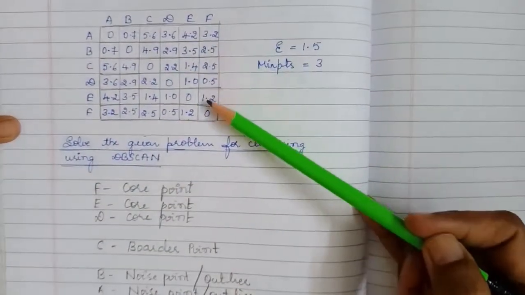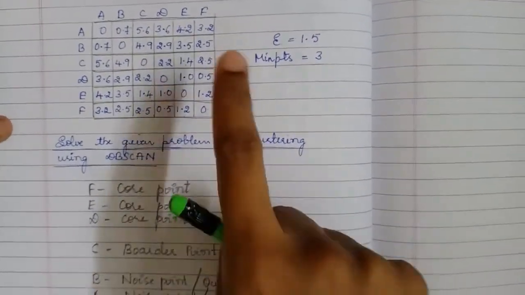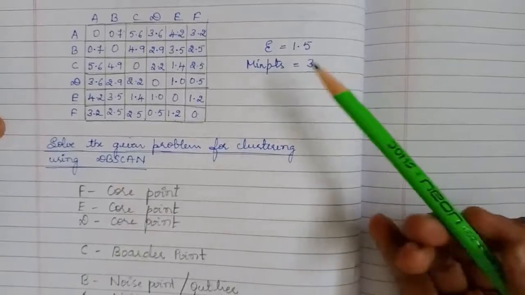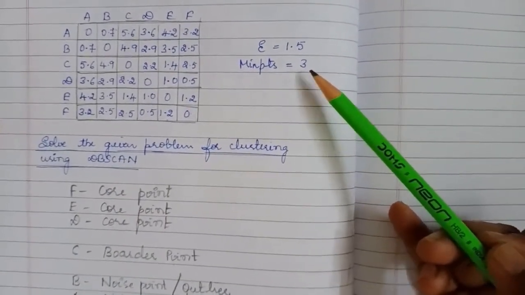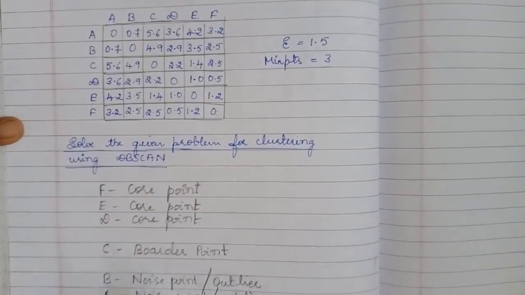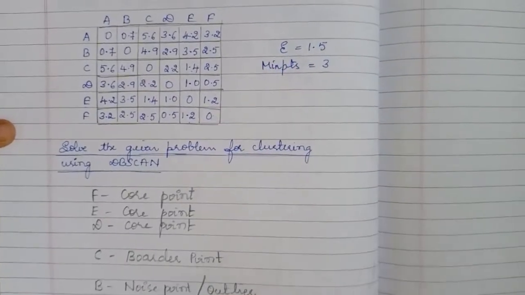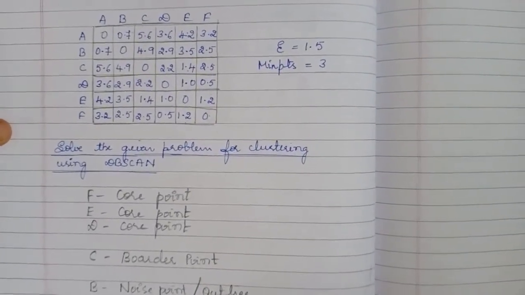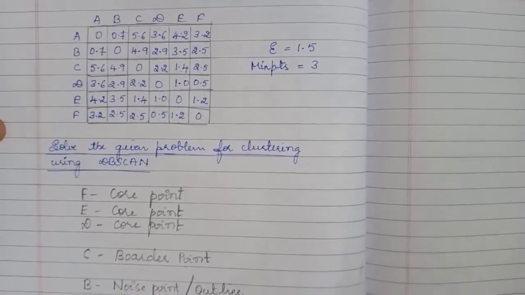You have to consider the distance from the point to other points. It should fall within the radius of the circle, and it should also satisfy the minimum number of points in that circumference. If it doesn't satisfy, then you should check whether that point falls inside the circumference of any of the core points.